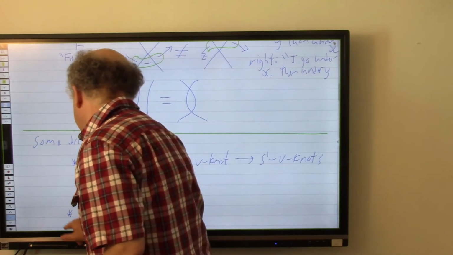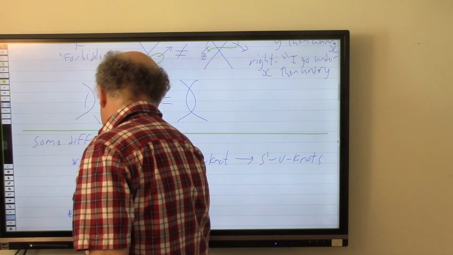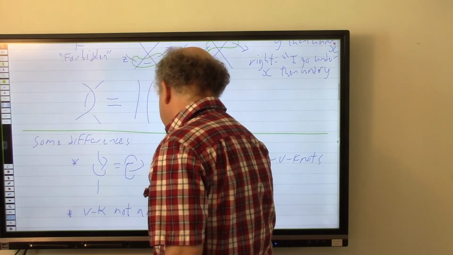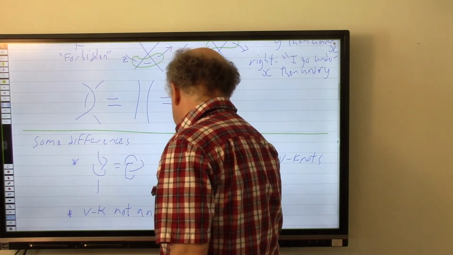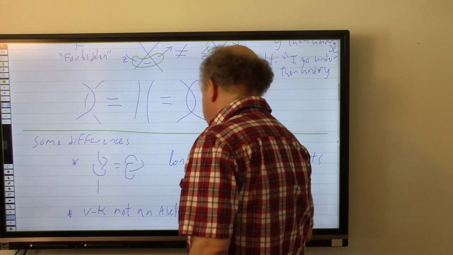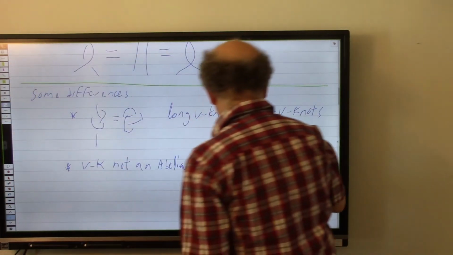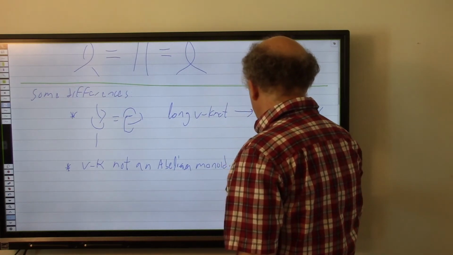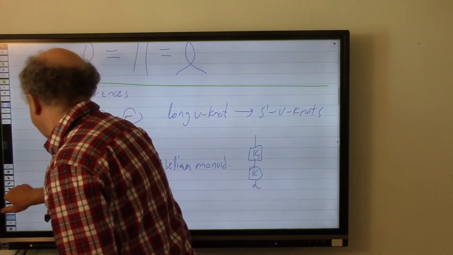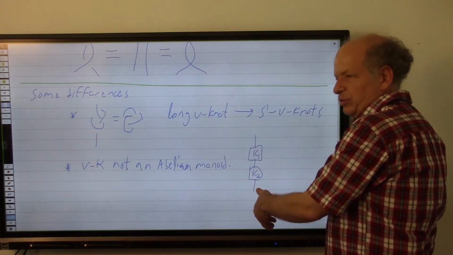Two. Ordinary knots are an abelian monoid, but virtual knots are not an abelian monoid. If you had two classical long knots, you could compose them and get one long knot.